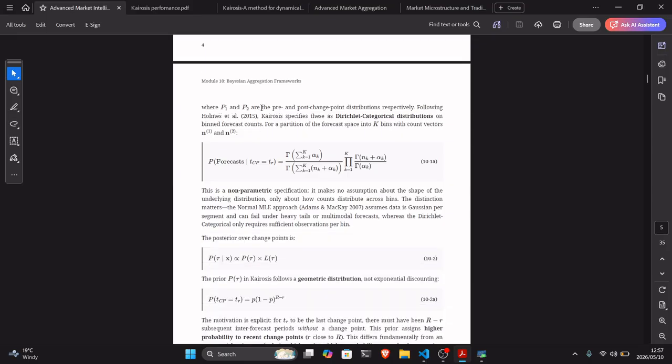Where P_1 and P_2 are the pre and post change point distributions respectively.